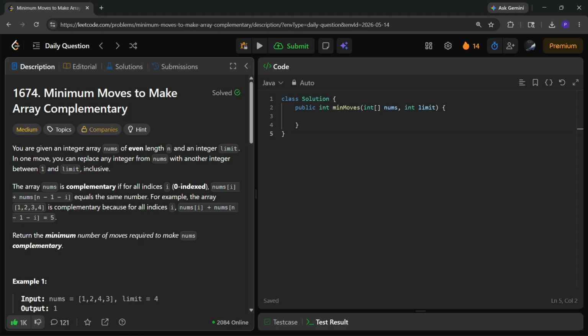Now, what's the difference between all the numbers? 1 minus 2, take a mod, is 1. 2 minus 4 is 2. 4 minus 3 is 1.